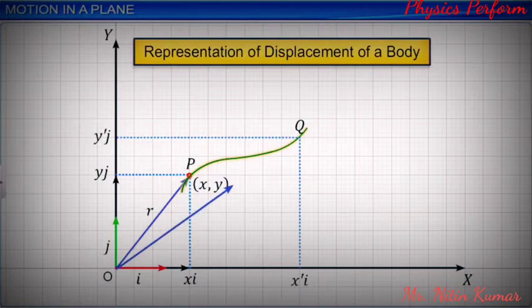Join P and Q with a straight line. Display an arrowhead at Q. This line PQ, with its arrowhead represents the displacement vector delta r.